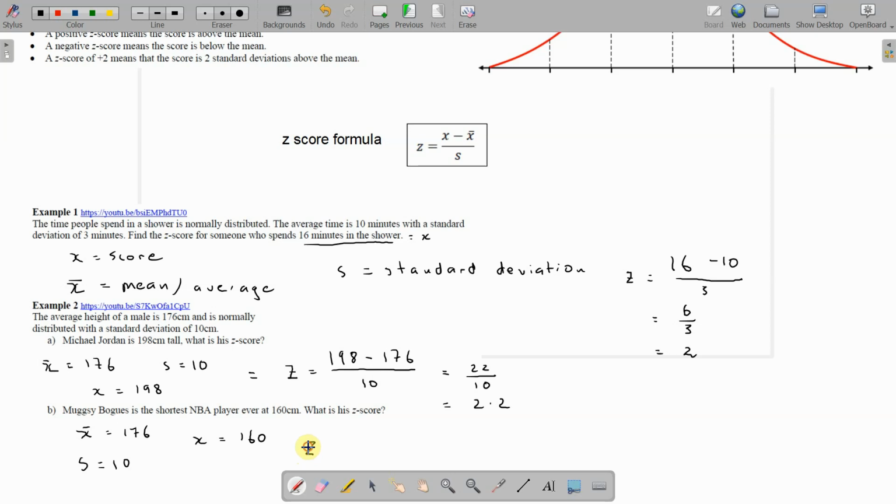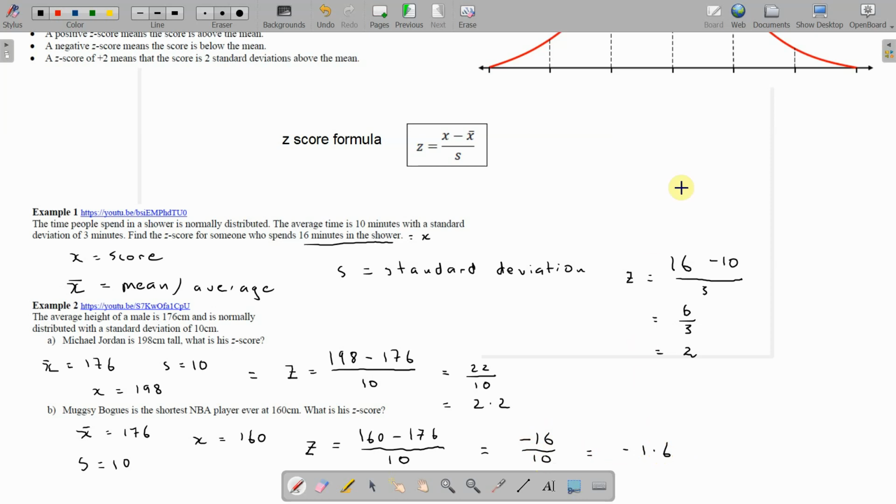So the Z score for him is his score, the X, minus the X bar average mean, which is 176, over standard deviation, which is still 10. Now that is going to be a minus number, minus 16 over 10 equals minus 1.6.